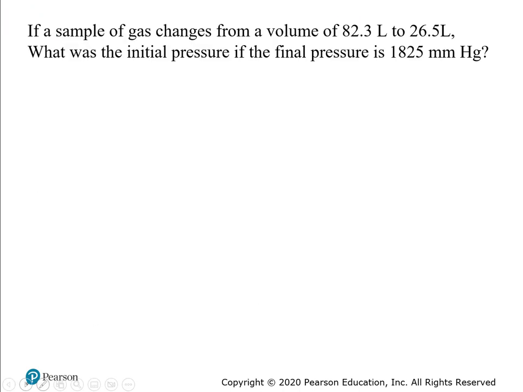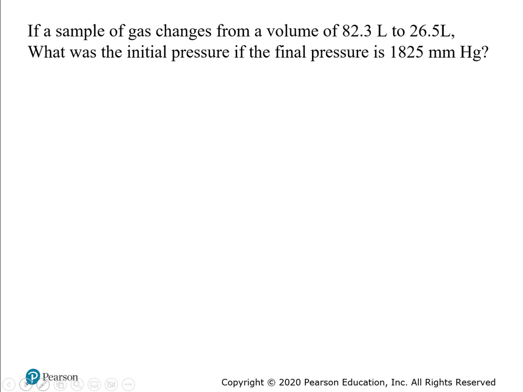So here's one. You're going to need a calculator. If a sample of gas changes from a volume of 82.3 liters to 26.5 liters, what was the initial pressure if the final pressure is 1,825 millimeters of mercury? Look at your numbers.